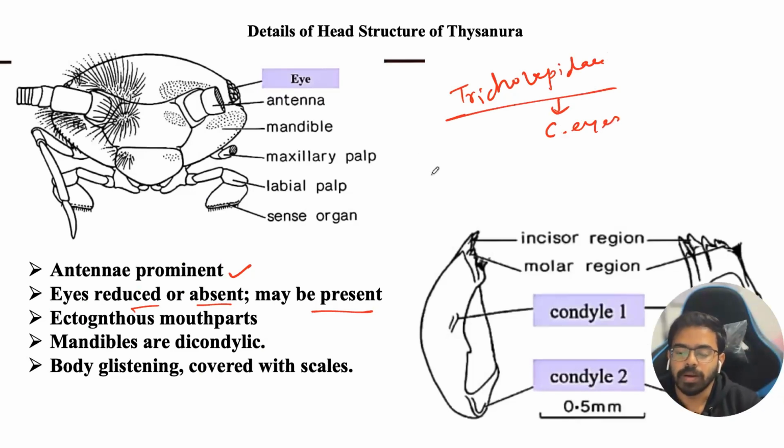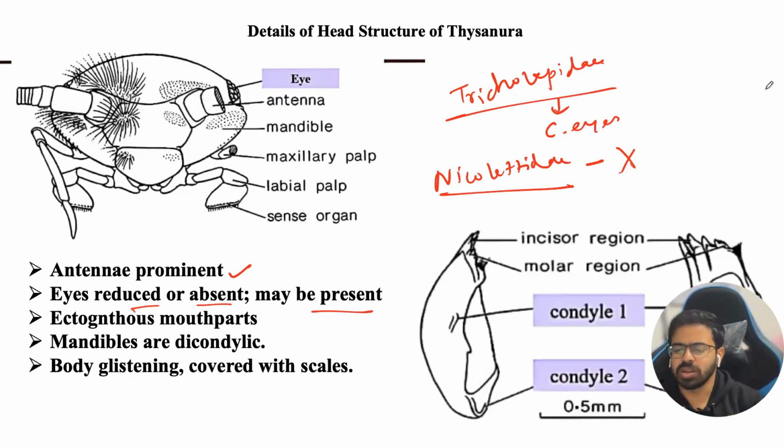Then Nicoletidae, it doesn't have anything, no compound eyes, no ocelli. And in between there is another family that I just forget, that contains only ocelli, no compound eyes. Please check in the entomology refresher book.